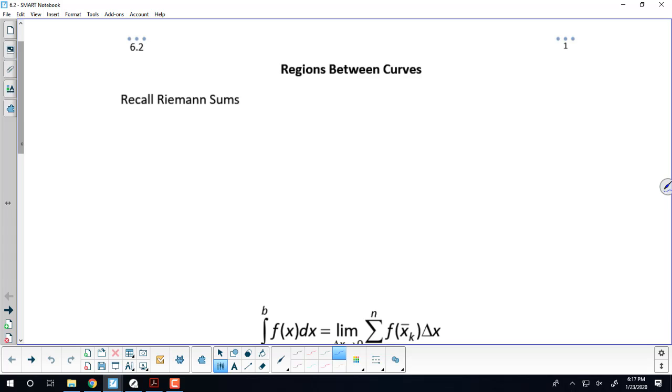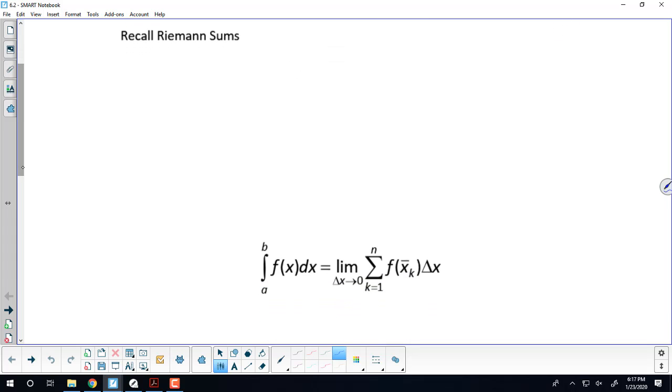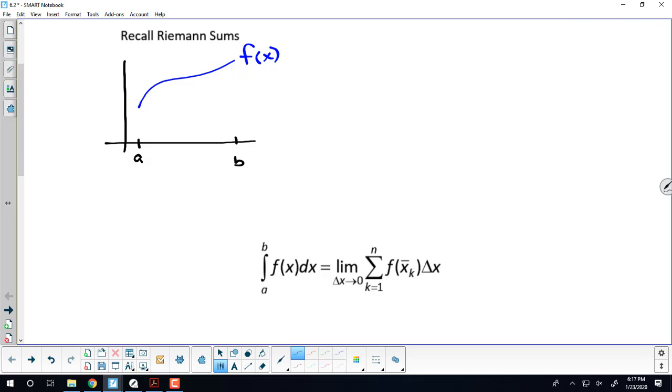And the idea is it's kind of a generalization of the standard Riemann sums, or areas, that you looked at. So remember, those were for the Riemann sums. When we initially looked at them, we had some function from A to B, and we wanted to know the area.